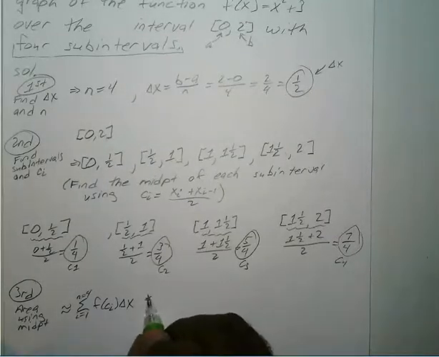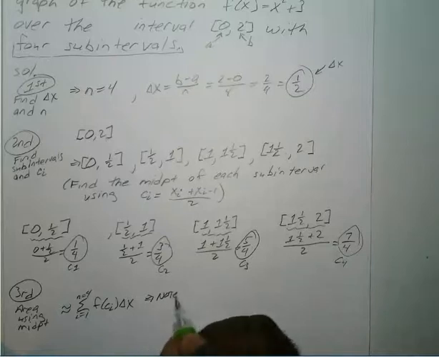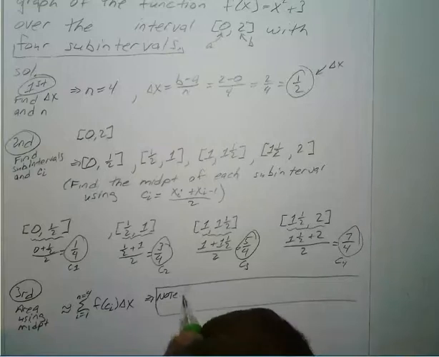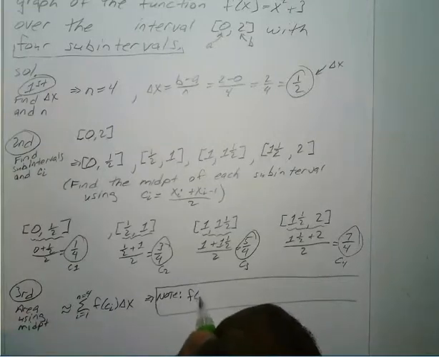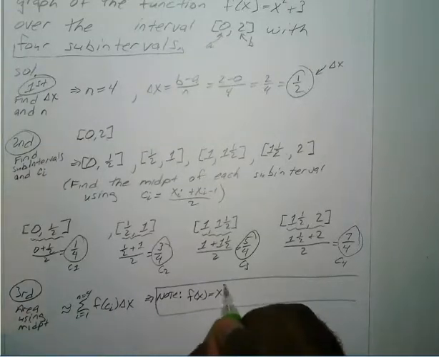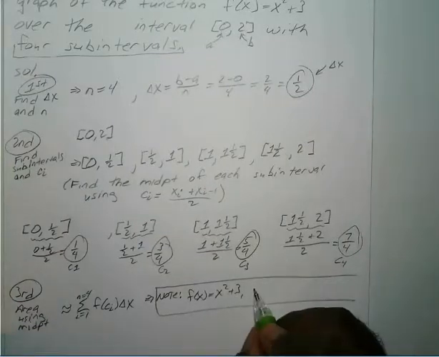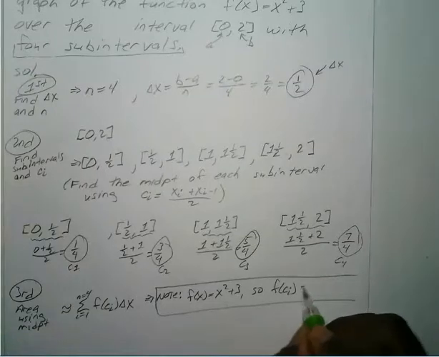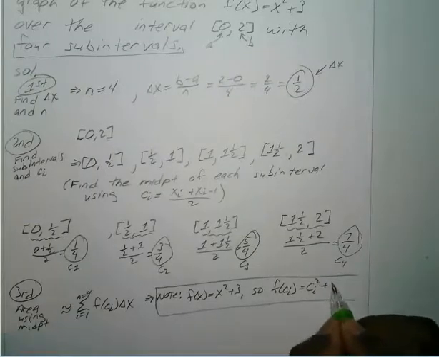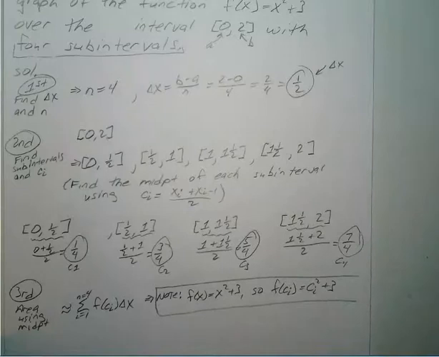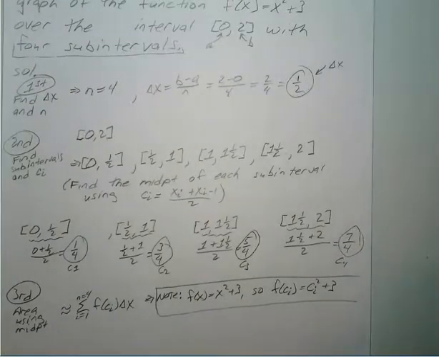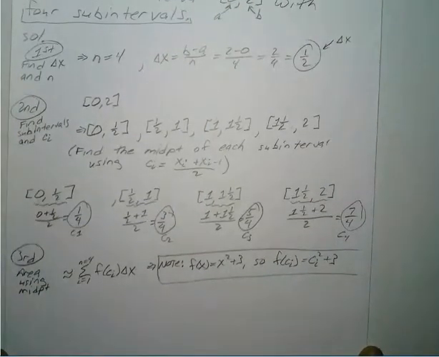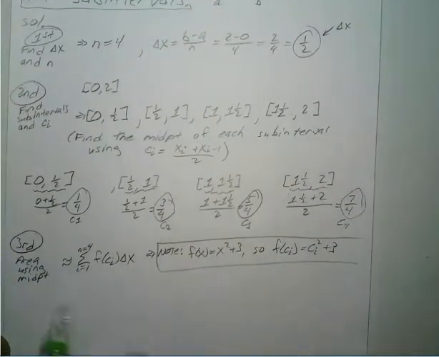All right, so just a quick note. If we know that f of x is equal to x squared plus 3, we also know that f of c sub i is equal to c sub i squared plus 3, just changing the x to c sub i. So we're going to replace each one of those.